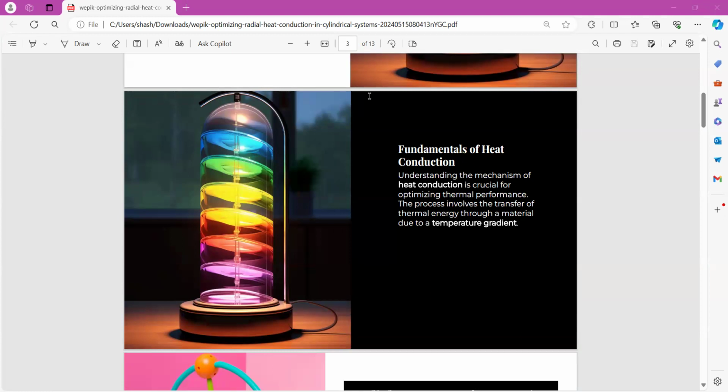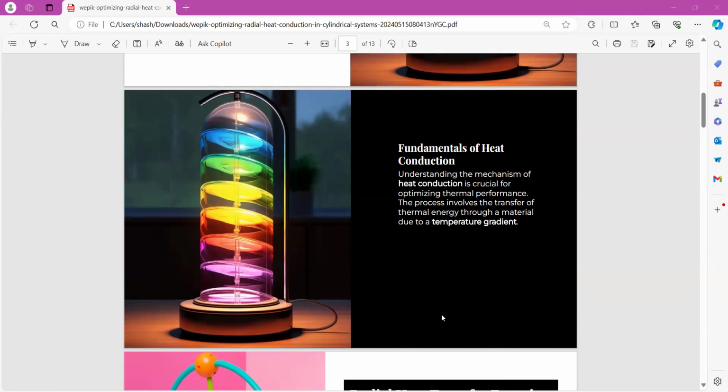Heat conduction is the process of transfer of thermal energy from one material to another, usually seen in solids, due to the temperature gradient between the molecules which are attached to each other in a solid.